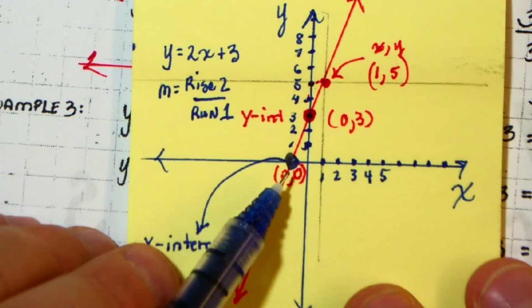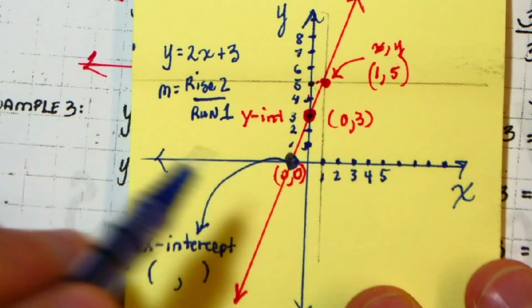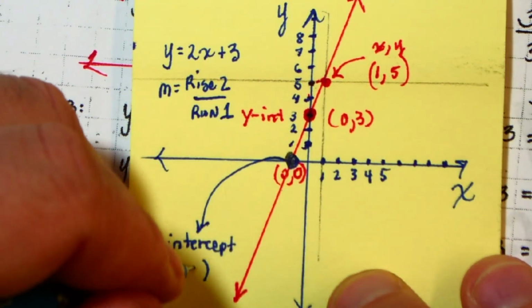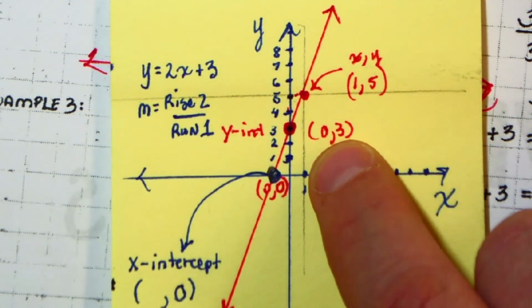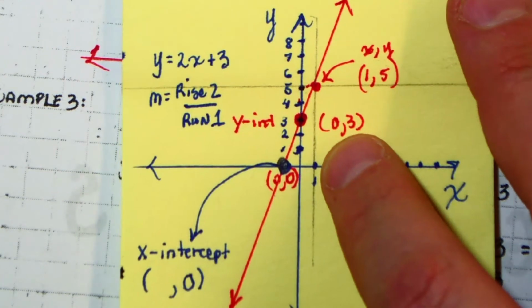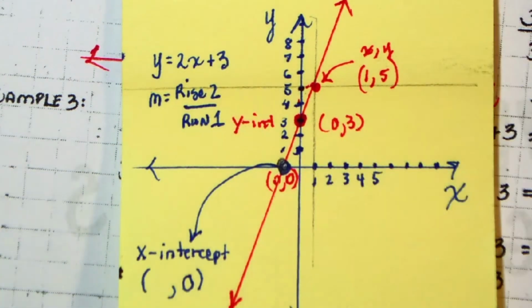So the y value is always 0. For y-intercepts, the x value is always 0. For x-intercepts, the y value is always 0. It's just the other side of a coin. If heads is the y-intercept, the x value is 0. Tails is the x-intercept, the y value is 0.